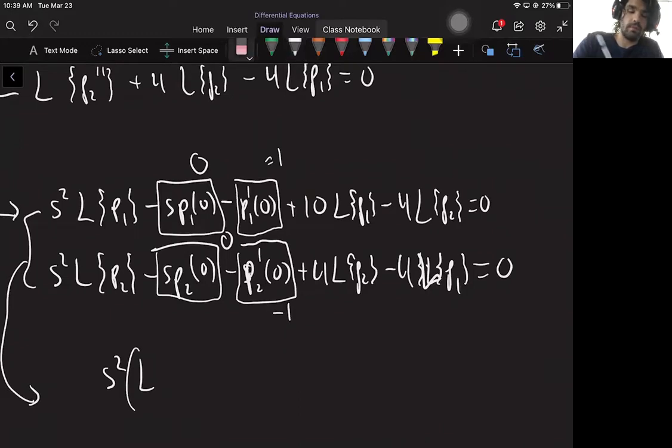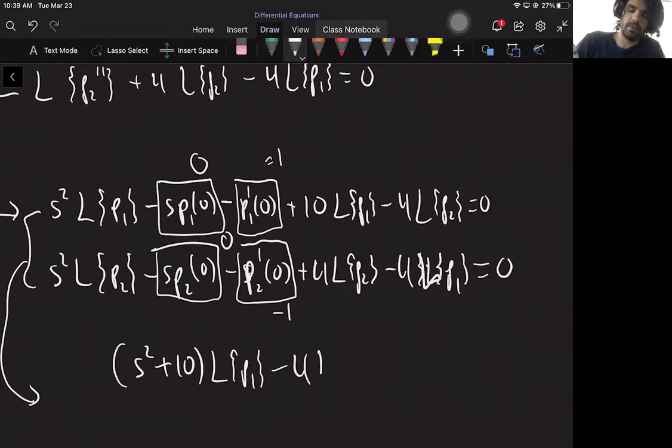And now I'm gonna get my LP1s up here. So it's gonna be s squared plus 10 times the Laplace transform of P1 minus 4 times the Laplace transform of P2 equals, and I'm gonna add this -1 over because it's -1, so it becomes 1 on the right.